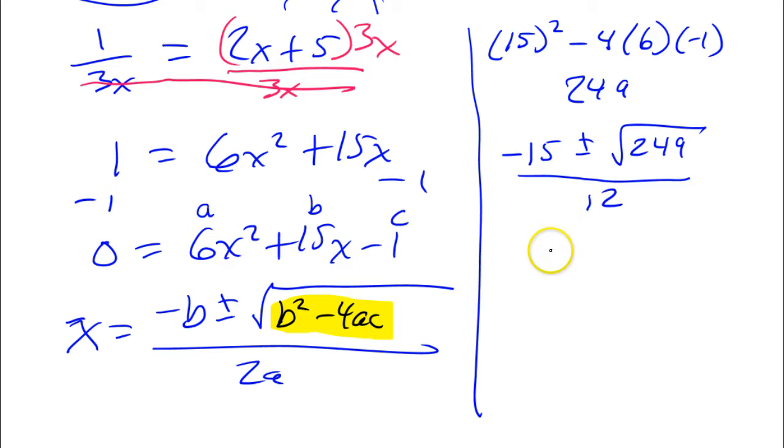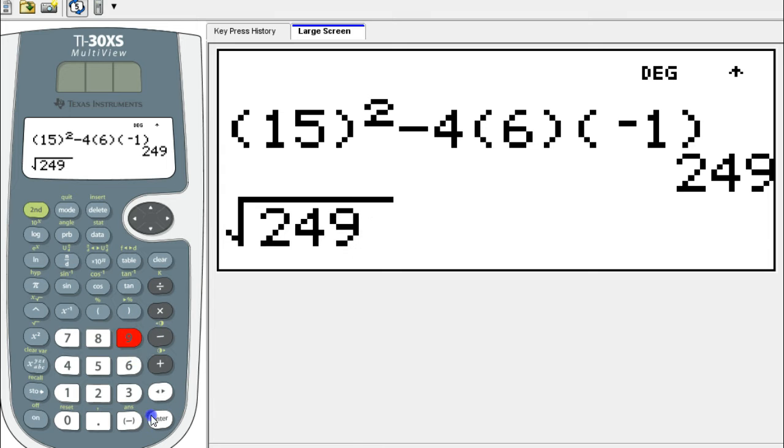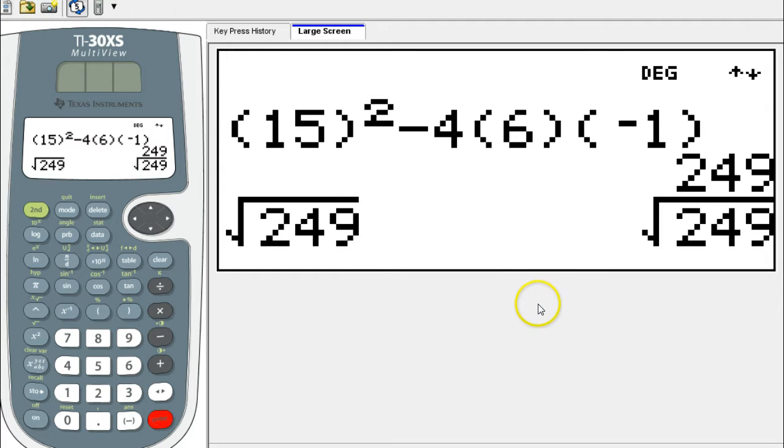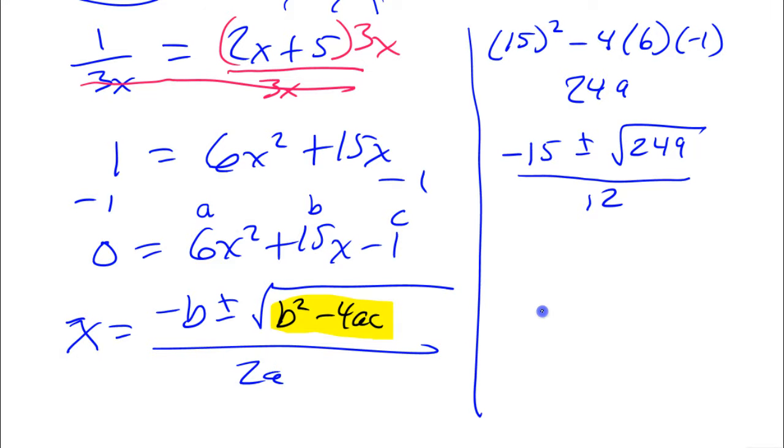Now normally I would go ahead and take the square root of 249 and hope for a whole number. But I put that in and it just says radical 249, which means the calculator can't do anything with that. Remember at the beginning I said we need ordered pairs. I need a y value.